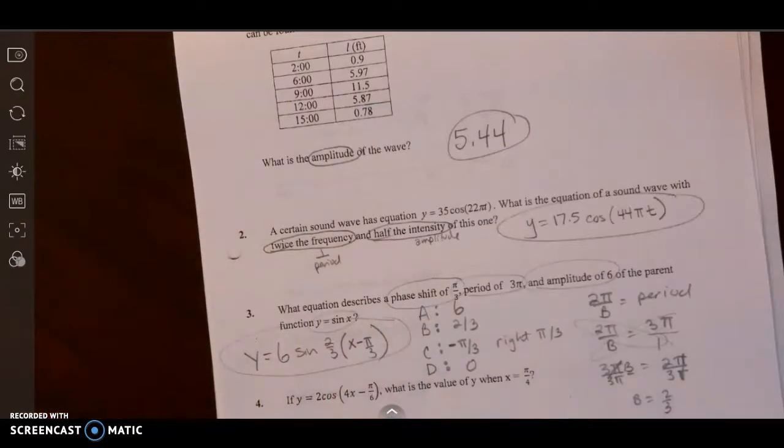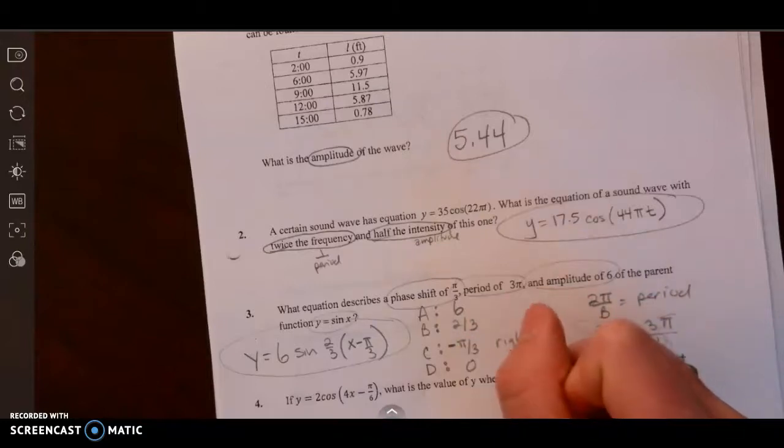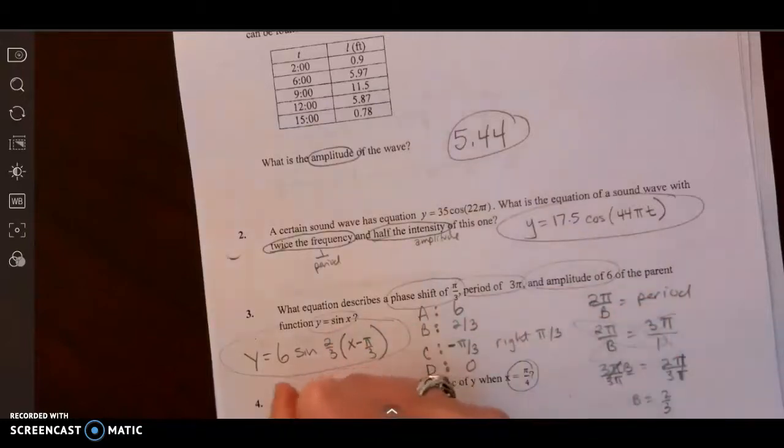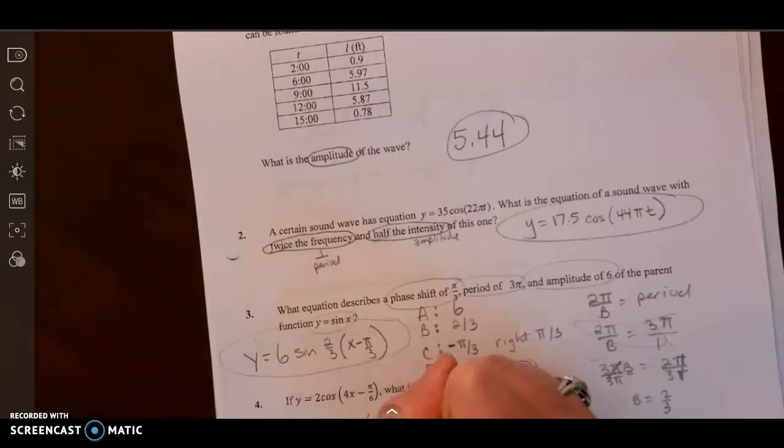Right? Next one. If y equals 2 times the cosine of 4x minus pi over 6, what is the value of y when x equals pi over 4? So I'm going to substitute pi over 4 in for x. 4 times pi over 4 minus pi over 6.